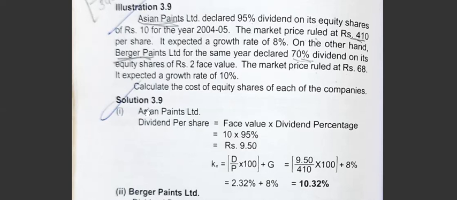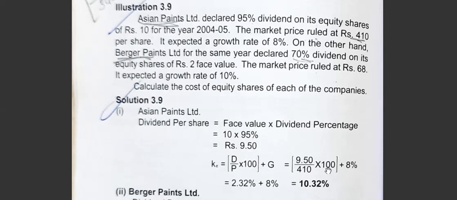See here, for Asian Paints Limited, we first calculate the dividend per share: face value into percentage of dividend. So 10 into 95%, you will get 9.50. Now use the formula D divided by P into 100 plus G. D is 9.50, market price 410 into 100, plus 8% growth rate.